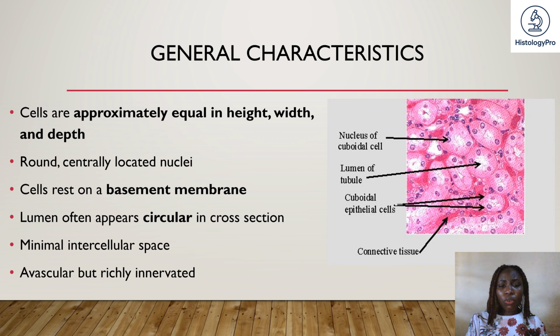When viewed in cross-section, the lumen often appears circular due to the uniform shape of the cells. Next, there is minimal intercellular space, allowing the cells to function effectively. Like all epithelial tissues, simple cuboidal epithelium is avascular, meaning it lacks blood vessels, but it is richly innervated, providing sensory input.